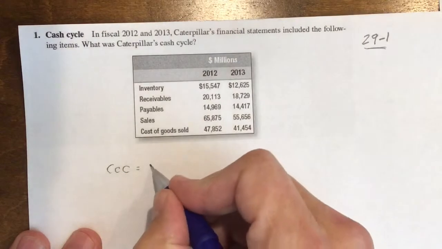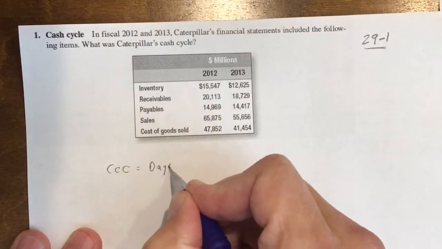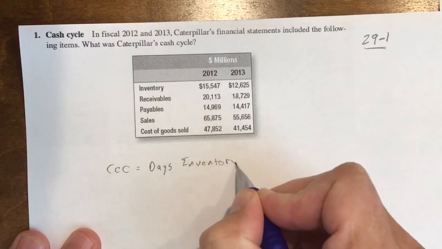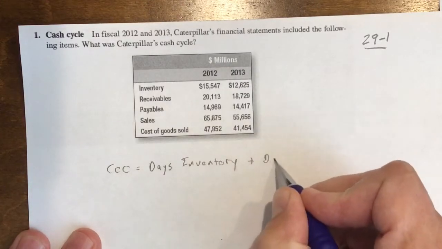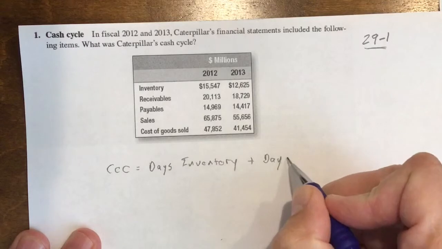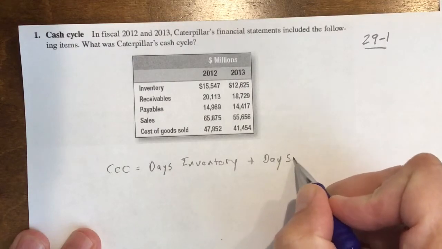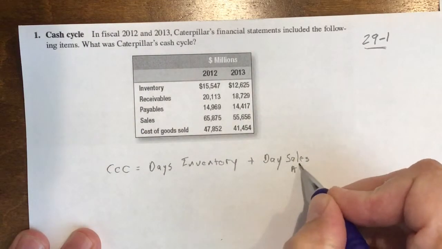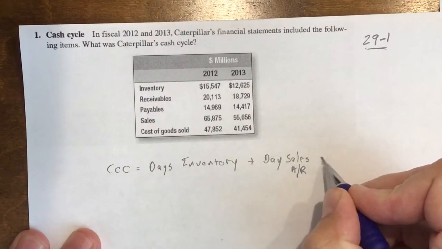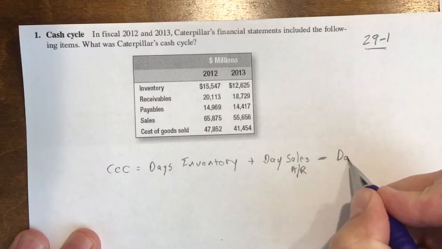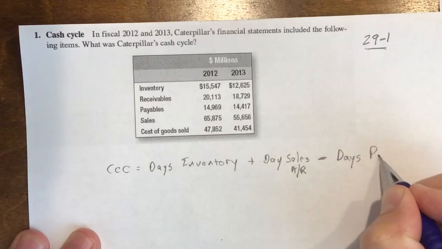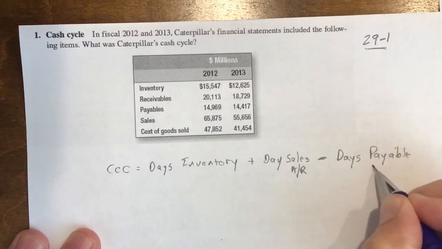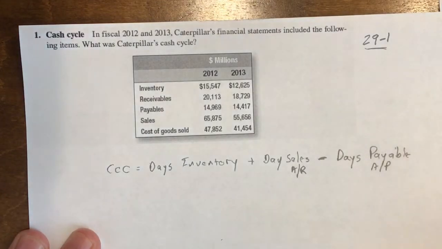The way I think of it is days inventory plus days sales, or accounts receivable, some people would say, minus days payable, or AP, accounts payable, some people would say.